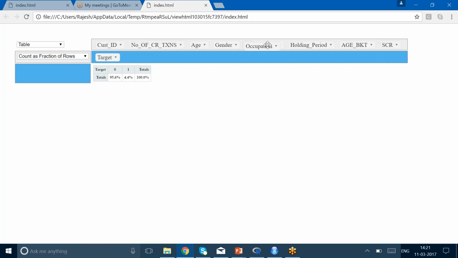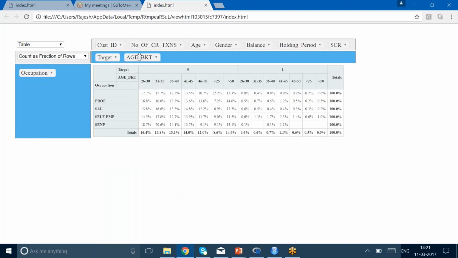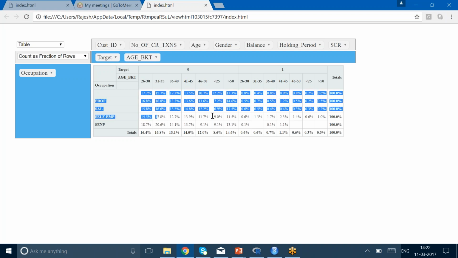Probably let me take two dimensions. I'll take gender here, say age bucket, and here when I see zeros and ones. Okay. So here I can again get proportions in this cell.